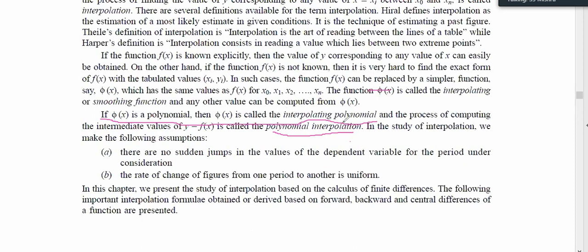This is the name of the polynomial, interpolating polynomial, and this technique is known as polynomial interpolation. Now there is a very important point, given as a home assignment, and tomorrow we will discuss it. What is the difference between polynomial and function? Note it down please and make your concept clear.